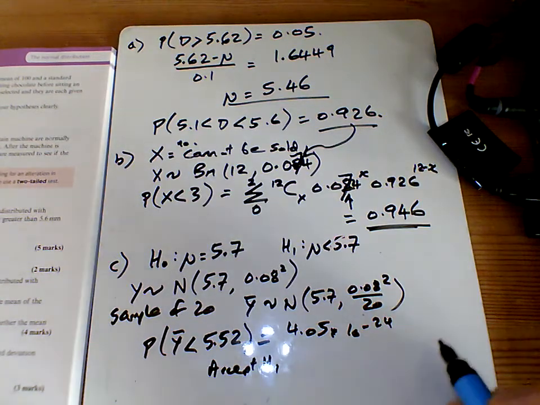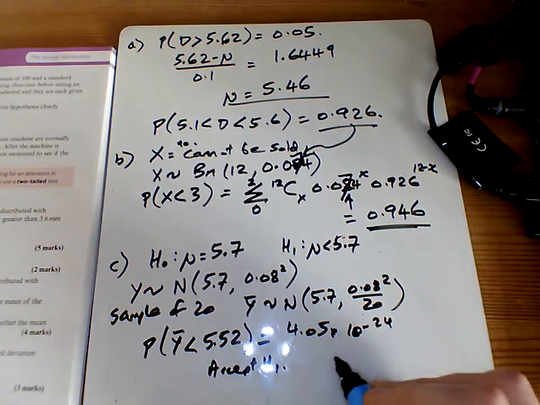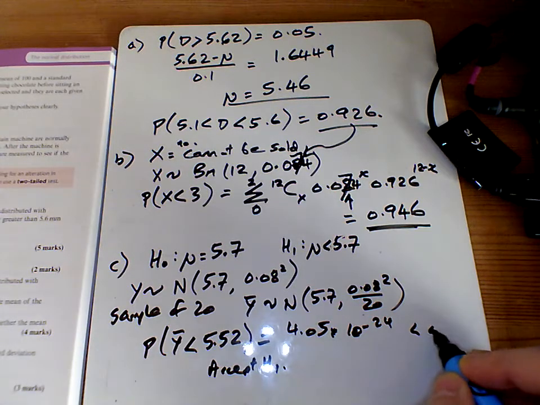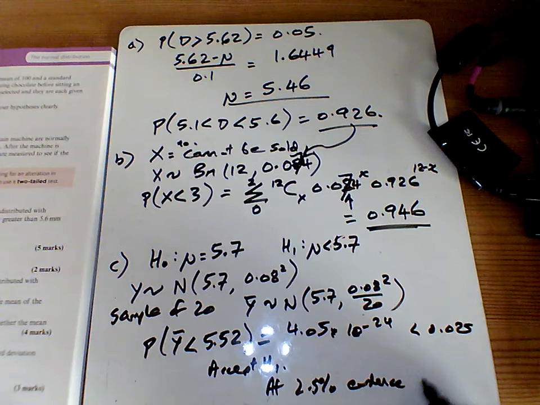It is massively rare, and so really in that area there. So that is far less than 0.025. Therefore, accept H1 at 2.5%. Evidence suggests the mean is lower than 5.7.